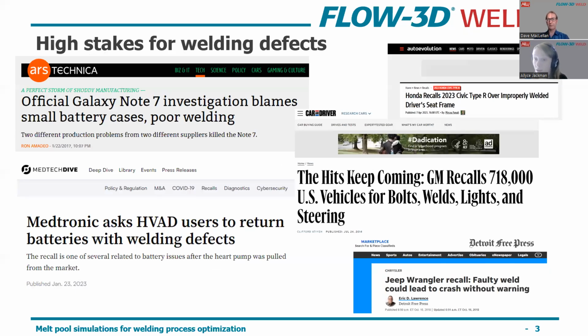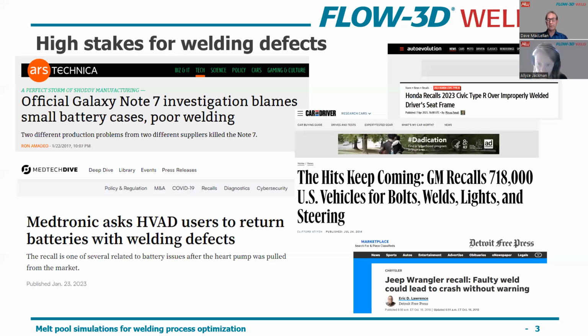We even sometimes see products pulled from the market entirely, like we did with the Note 7, where among a few different issues, there was notably a laser welding defect that caused the electrodes in the battery to touch, and there were some explosions, there was fires, there was injuries.